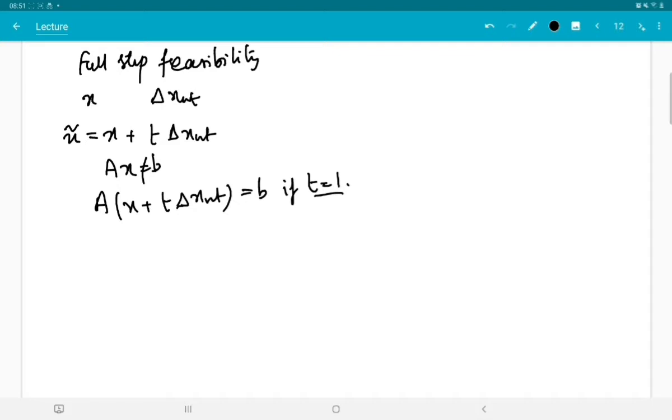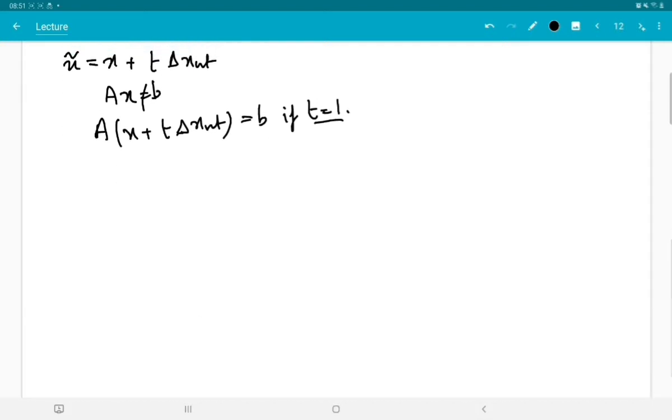And suppose t is not 1, or t is less than 1.